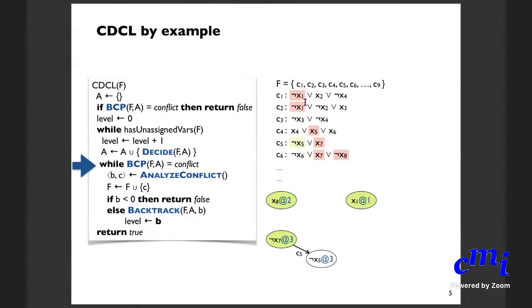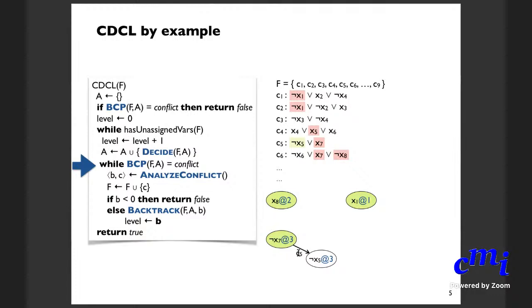It simplified some of the clauses, but it did not generate any unit clauses, and that's why nothing is shown in the implication graph. Then a decision on X8 is made. That's showing the level. Earlier I showed the decision tree with the levels, so here those levels are recorded, and they will be used in determining the level to which you have to backtrack in non-chronological backtracking.